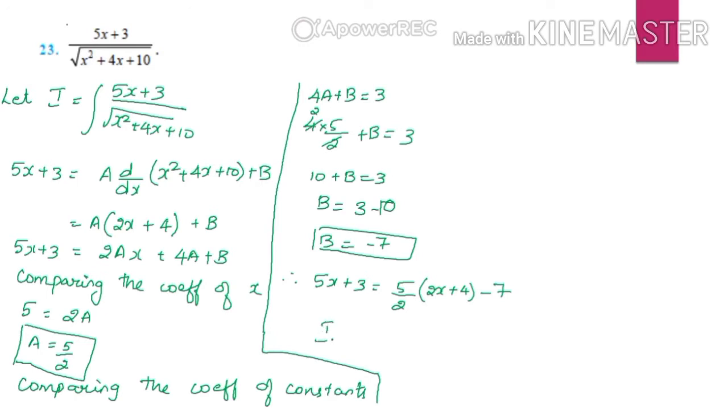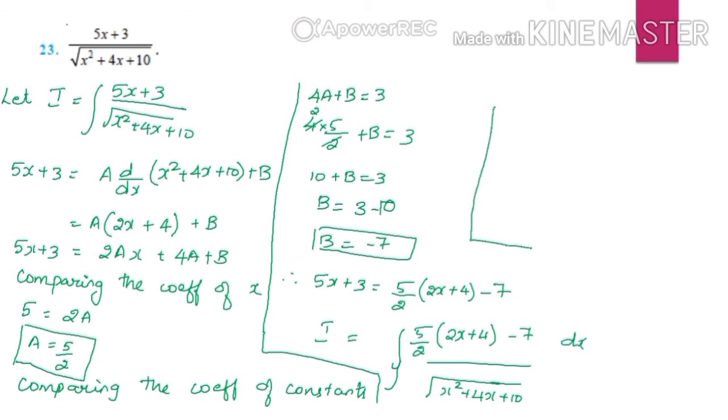Now I is equal to integral, in the place of 5x plus 3 we can write 5 by 2 into (2x plus 4) minus 7, divided by square root of x square plus 4x plus 10. Now we can split the integral.